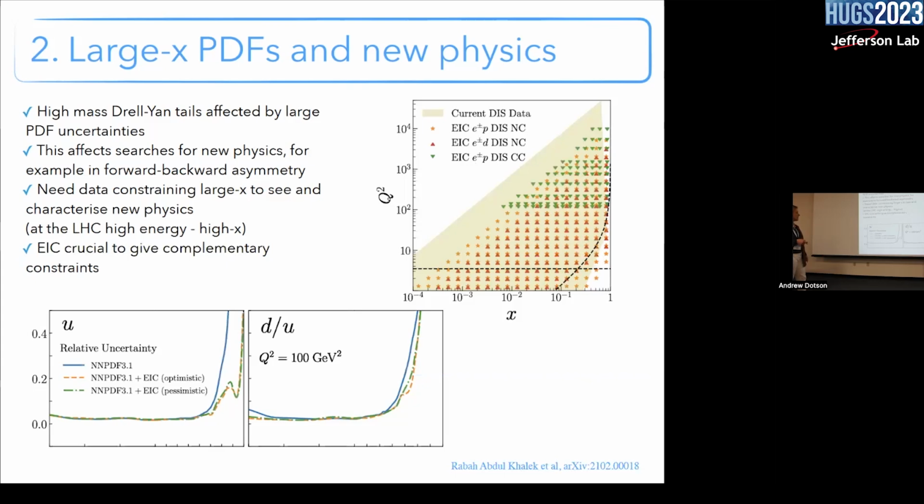So I think here we are lucky enough because the EIC can really take data in a region which is very complementary with respect to the current DIS data at low values of energy, where there is no contamination from new physics. And there were some studies on optimistic and pessimistic scenarios.